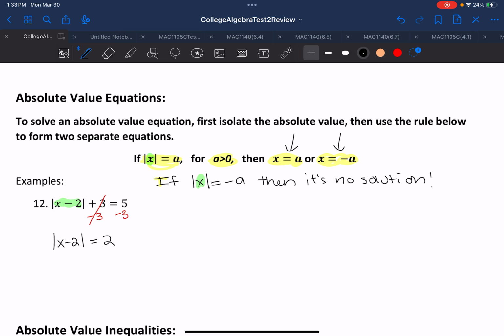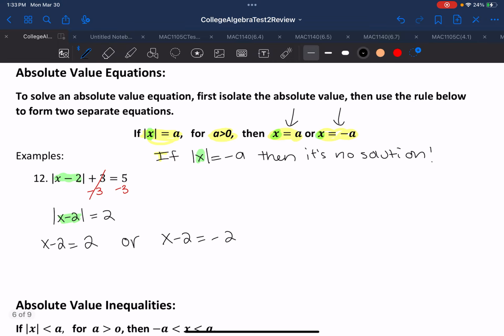I would take all of x minus 2, set it equal to that positive 2, or x minus 2 equals negative 2. And then solve both of these.